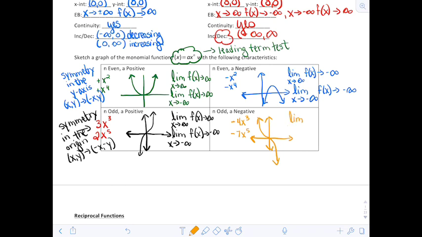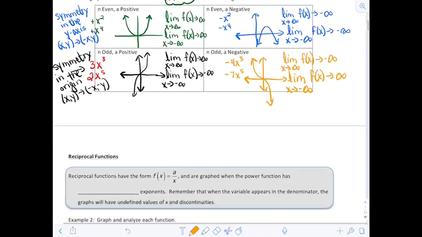So, as x goes to infinity, f of x goes to negative infinity. As x goes to negative infinity, f of x goes to positive infinity. So again, odd functions doing opposite things, and one of the keys from your leading term test was as x goes to infinity, if the leading coefficient was negative, your function would go to negative infinity. So that should be pretty familiar to you guys.